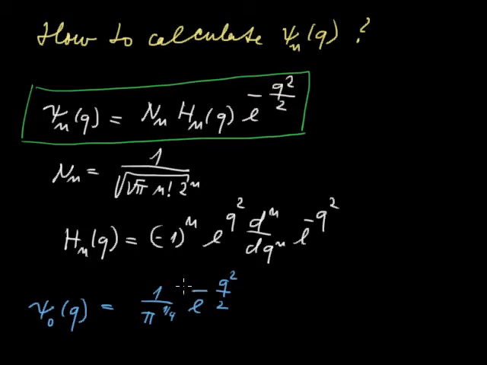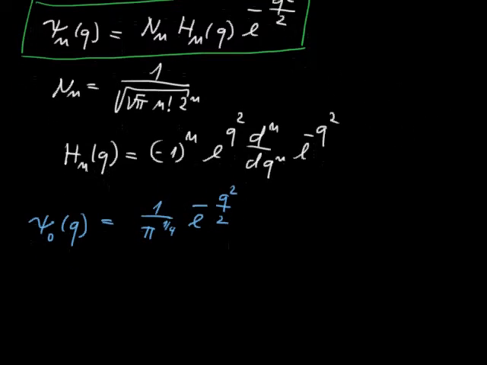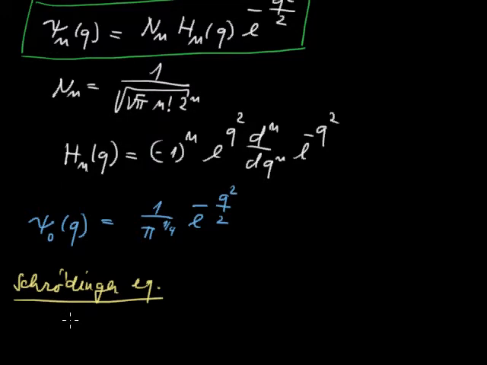You can try out that this is indeed a solution of the Schrödinger equation. So maybe let's write the Schrödinger equation here. The Schrödinger equation in space for us looks now like this. This was the Hamiltonian.